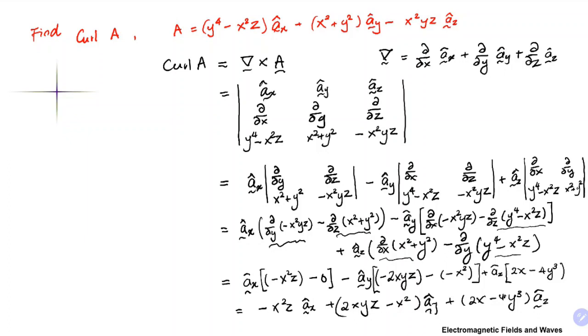For the tutorial that I gave, the solution should be minus x squared z, so that's the same, plus 2xyz, minus 2xz, and then plus x to y.